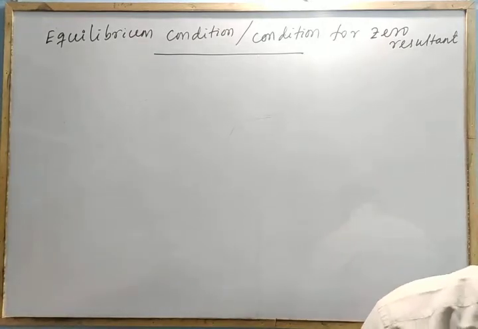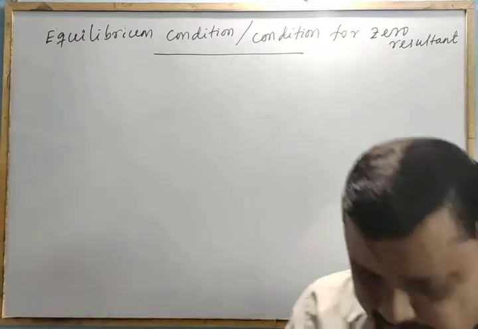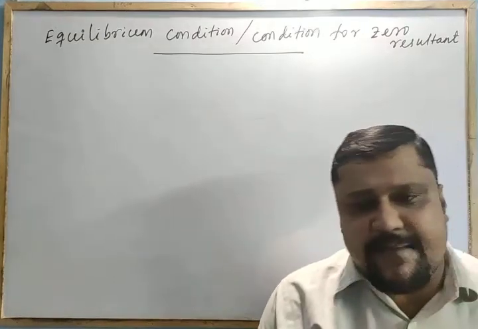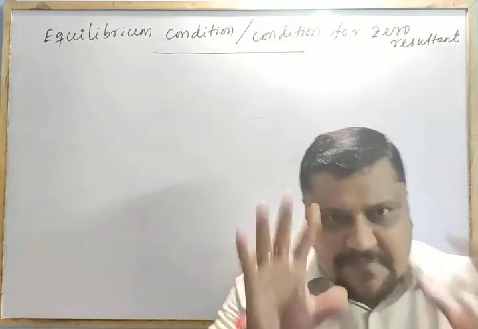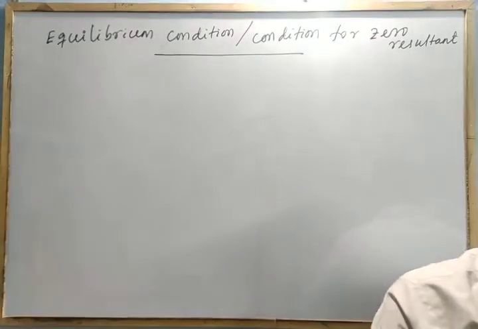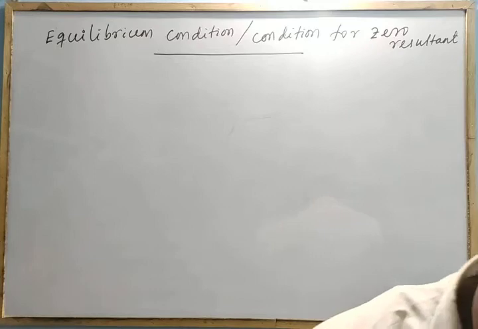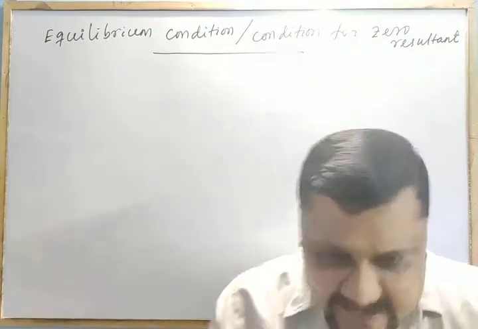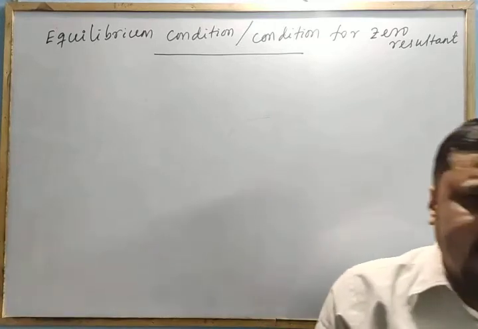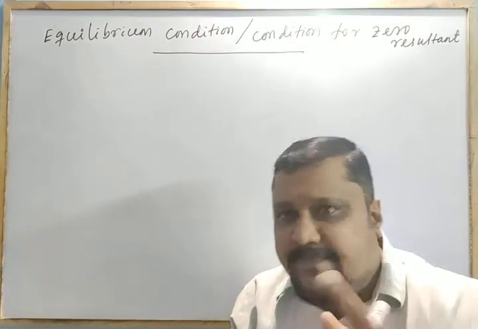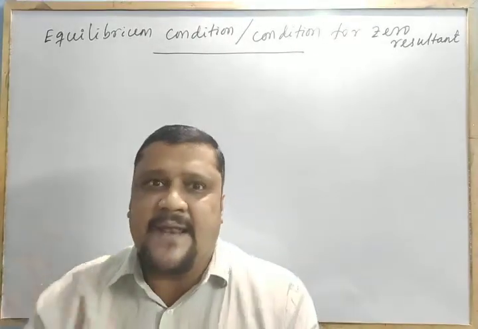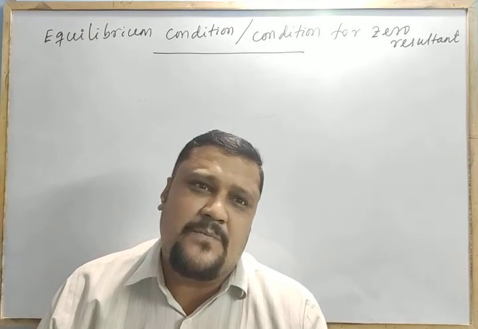If three vectors are acting at a point simultaneously, minimum three vectors, and the resultant is zero, then these vectors are represented by the three sides of a triangle taken in the same order.